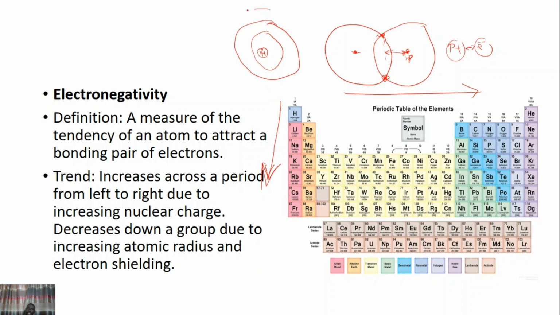The shells increase as you move down the group. So the force between them reduces because the distance increases, like I explained earlier. So therefore, the electronegativity decreases down the group. Okay, so it increases across the period and decreases down the group.